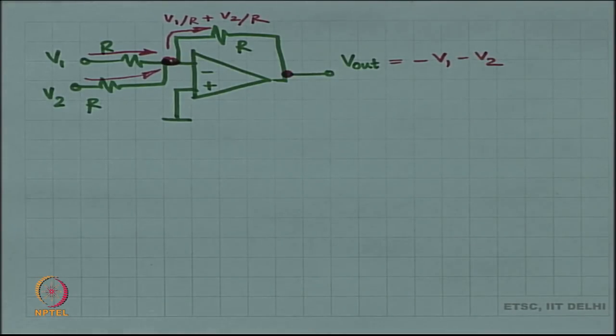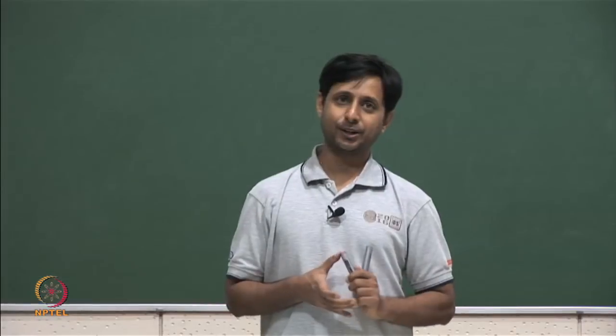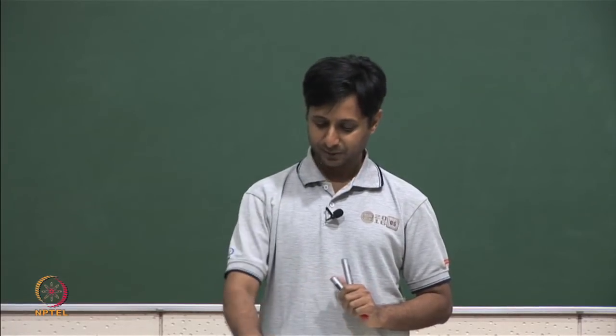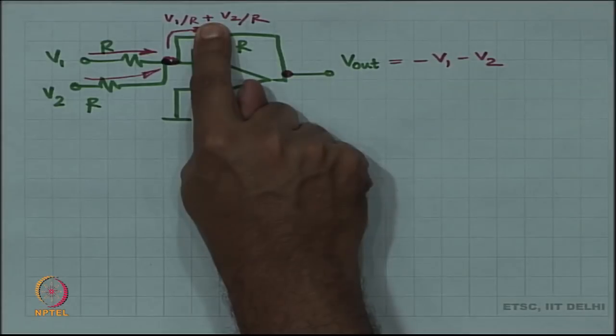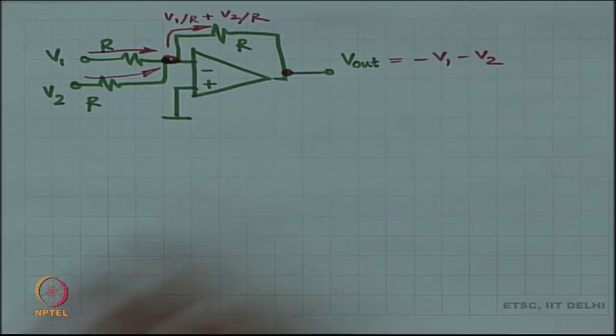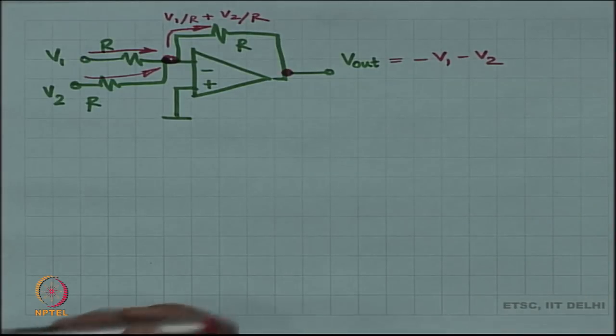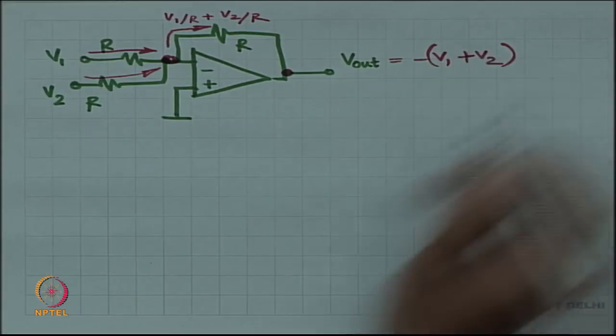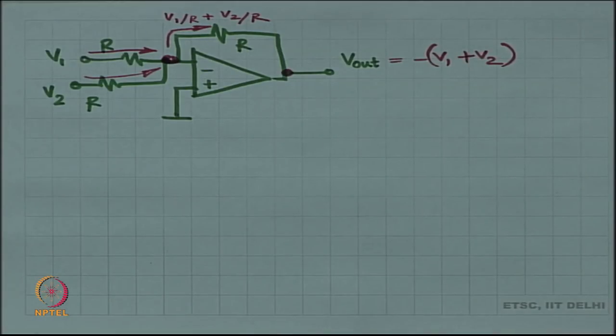This is generally called an adder circuit. The reason it is called an adder is because you did the plus operation with KCL over here. Overall there is a minus, but you could also rewrite it as minus of V 1 plus V 2. So, that is why this is called an adder.